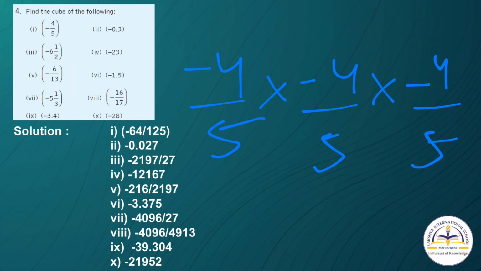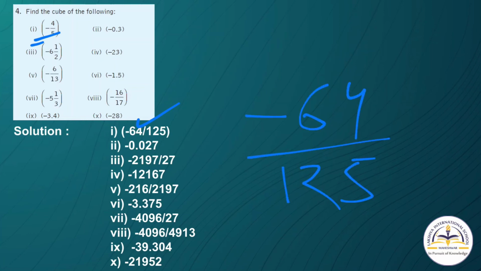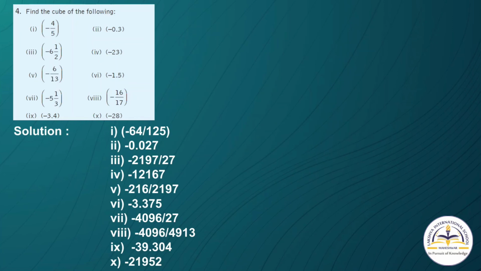When you multiply 4 into 4 you get 16, and 16 into 4 you get 64. Now 5 into 5 you get 25, and 25 into 5 is 125. Here there is a minus sign, so in the answer also we have to mention the minus sign. So minus 64 by 125 will be the answer. In this manner you have to solve the next question.